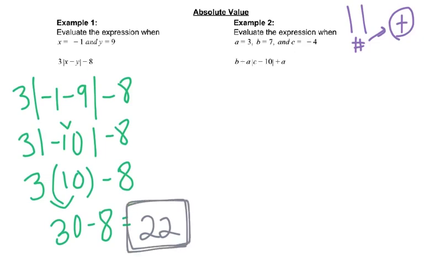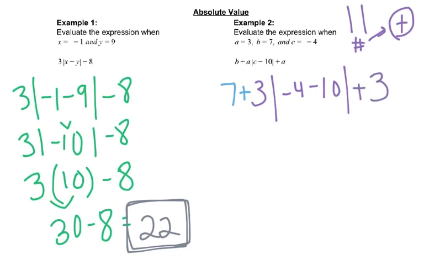Last problem, you guys are doing great. So B is 7, so I'm going to write 7 plus A is 3, 3. Absolute value bars, we have negative 4 minus 10 plus A, so plus 3. Again, simplify those absolute value bars. That turns into negative 14.